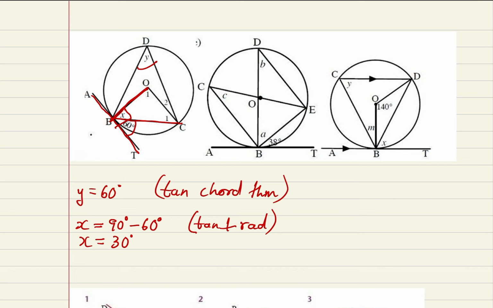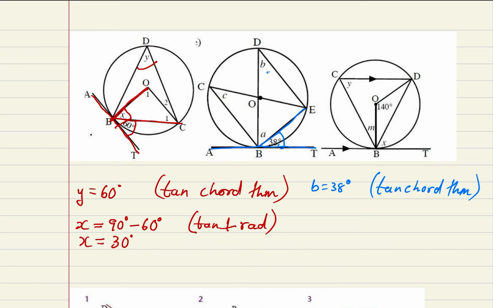Now let's check the second one. On the second one, we are looking for this one. This is a tangent, and this is a chord. Hence this one is equal to that one. So I can say angle B is equal to 38 degrees. Why? Because of the tan chord theorem.